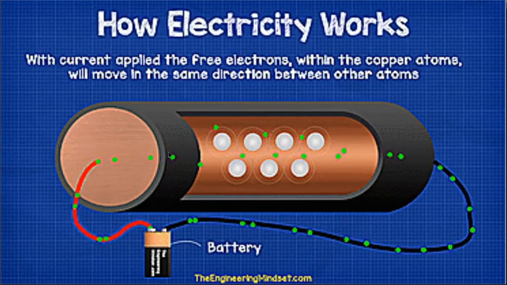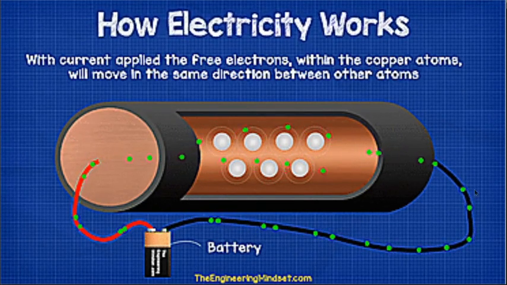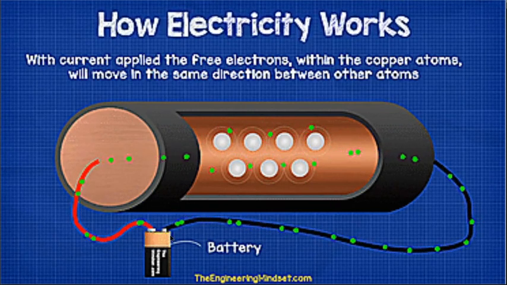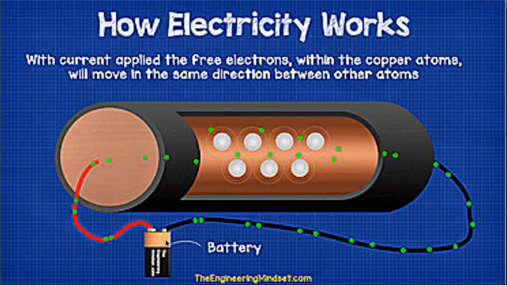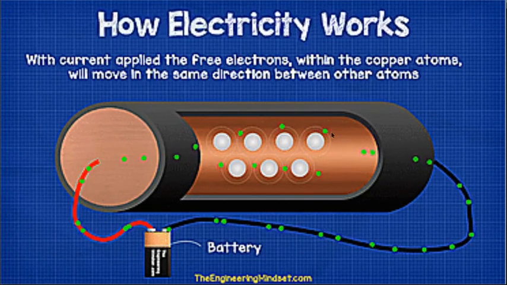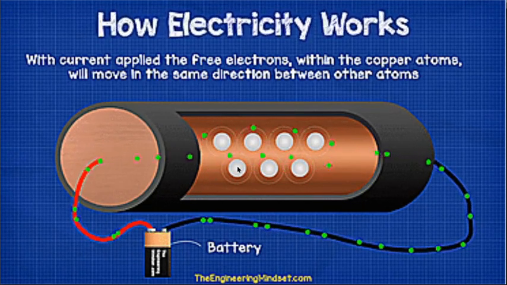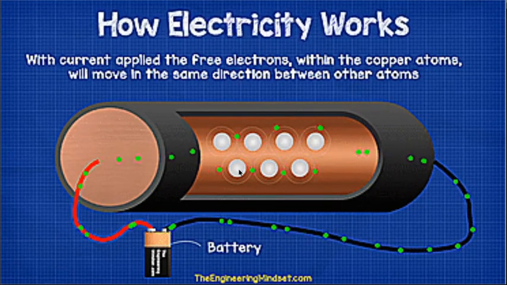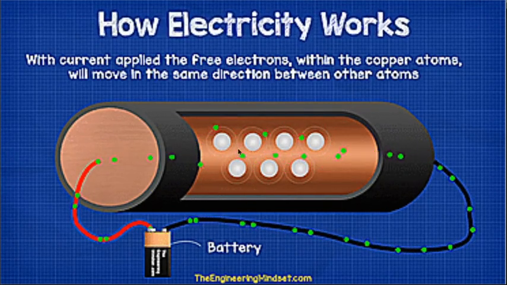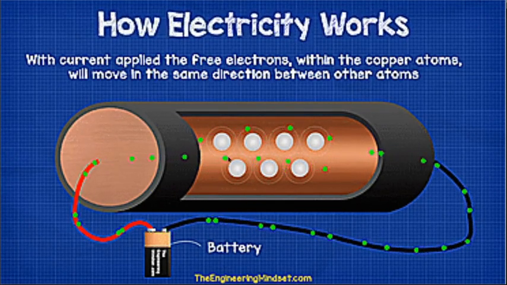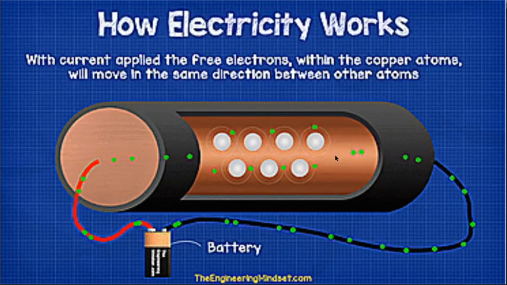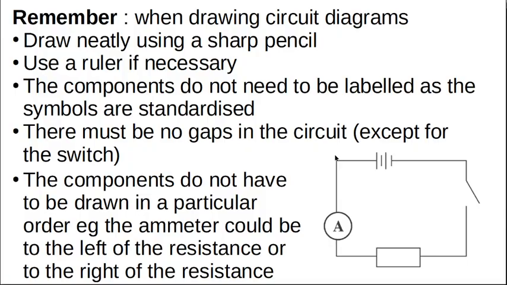So electrons travel in a circuit via the potential difference. They move from an area of high potential to an area of low potential. And the whole reason why metals can conduct electricity is because they have these loose valence electrons that can be popped from one atom to another atom.